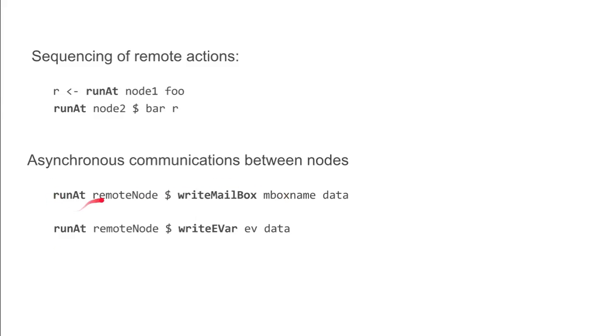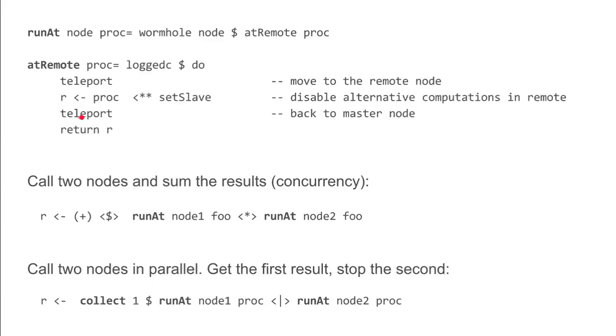If we don't want this, we can add empty here to avoid the response back, because RANAT will never return unless there is an empty here. In this case, teleport is not executed. That's interesting, because even if using RANAT, which has to teleport, we can send one-way messages with no response.